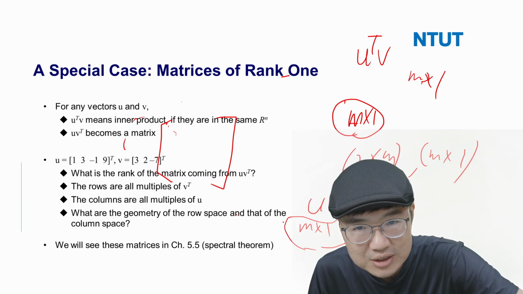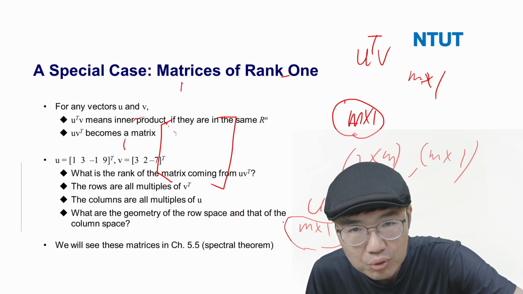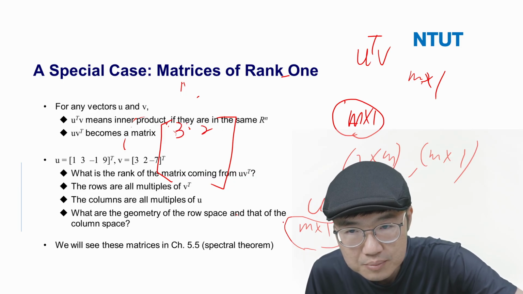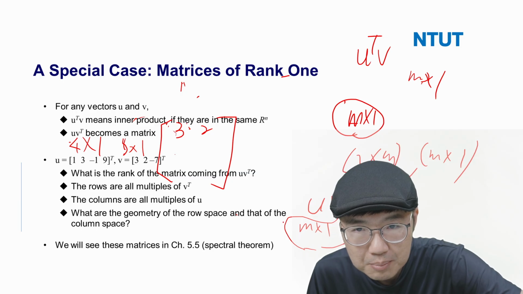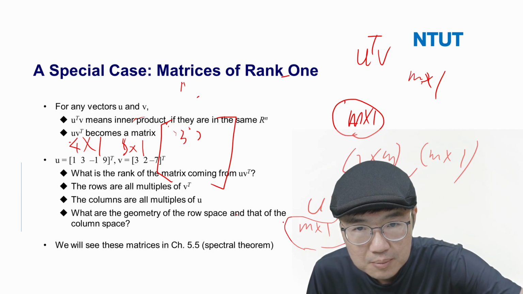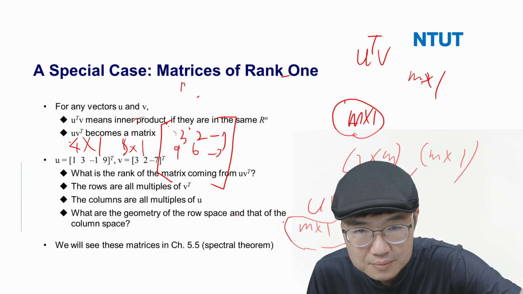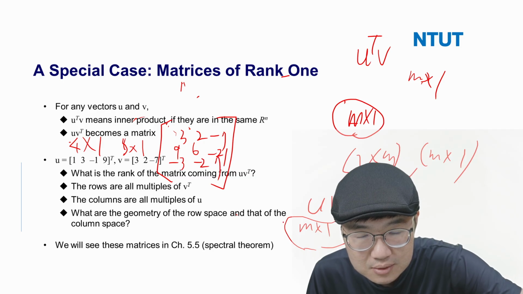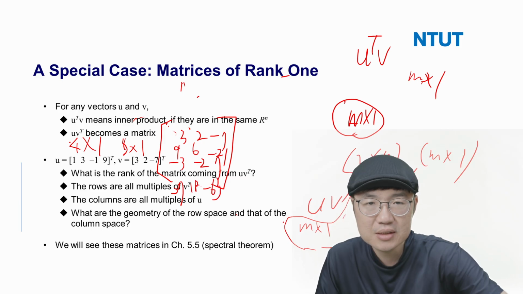So u v transpose is 4 by 3, where the first row is 3, 2, minus 7. And the second row is 3 times 3, 2, minus 7. This one is minus 1 times 3, 2, minus 7. And 27, 18, and minus 63.